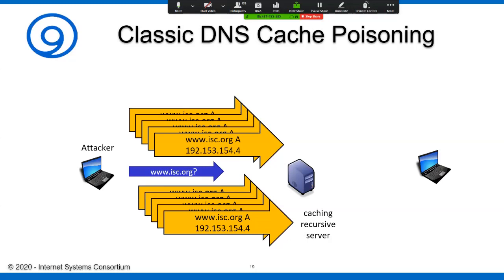So in this case, what I was doing was trying to poison the cache on the caching recursive server and make it think that the www.isc.org A record was 192.153.154.4.